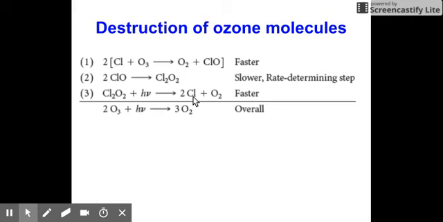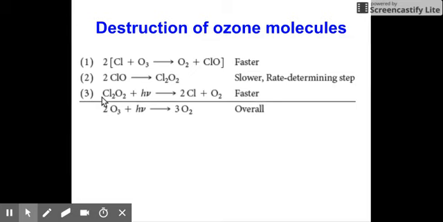I hope it's clear now what your catalysts and your intermediates are in the reaction. As a wrap up, your ClO and your Cl₂O₂ are temporary tentative compounds which we call intermediates, and they're necessary in the progress of your chemical reaction.